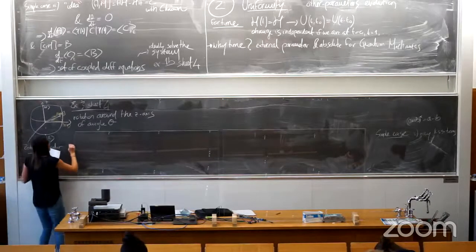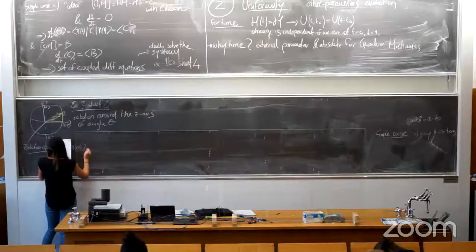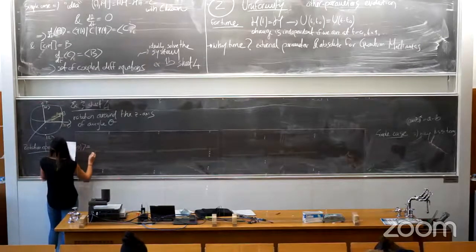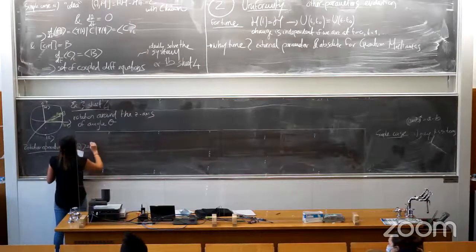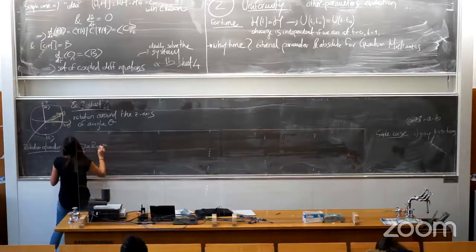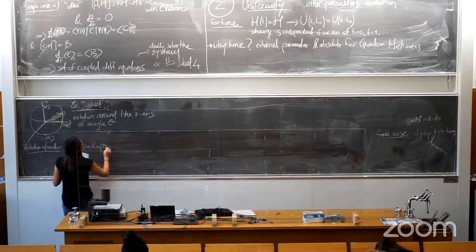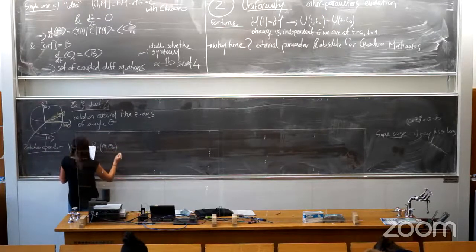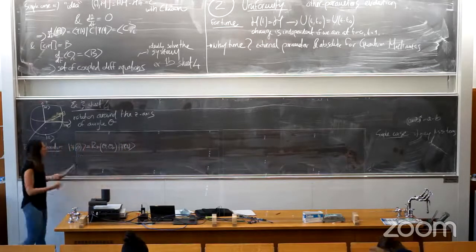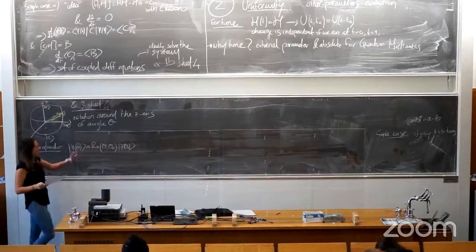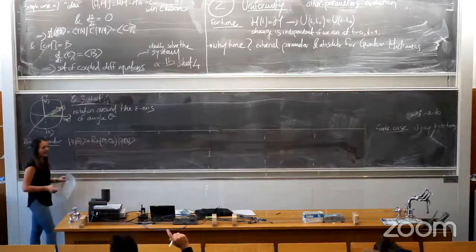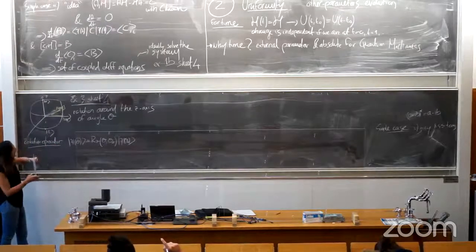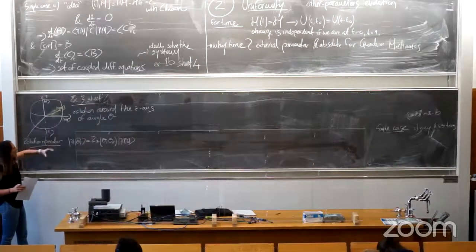Psi of theta is equal to Rz of theta, from theta 0, applied to psi of theta 0. So I have an initial state, which I call psi of theta 0, and then I rotate it by angle theta. And as you probably imagine, two rotations will be independent of the space.